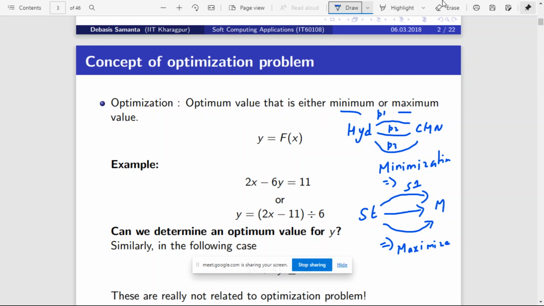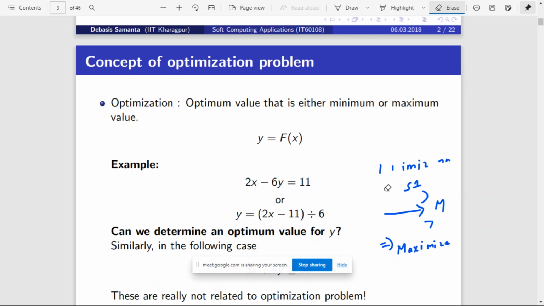Generally, not all problems, but generally problems can be represented mathematically. That is called mathematical modeling. In any scientific approach, first the scientists or engineers try to model the problem mathematically.